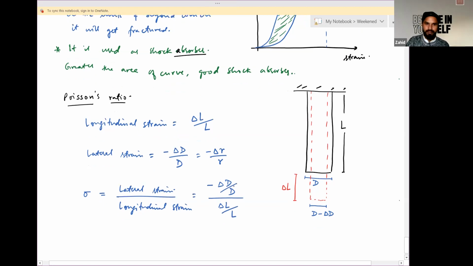Both numerator and denominator are strain, which is a unitless quantity. So sigma, or Poisson's ratio, is a unitless quantity.